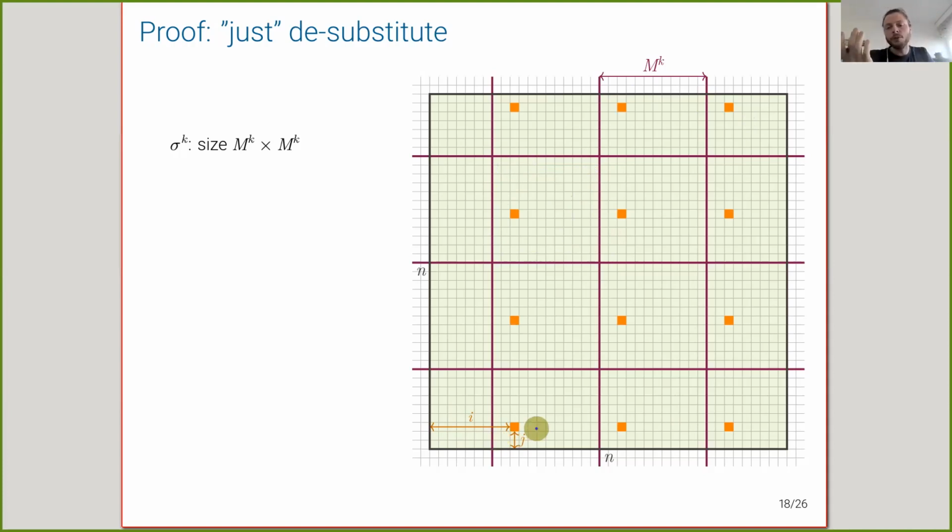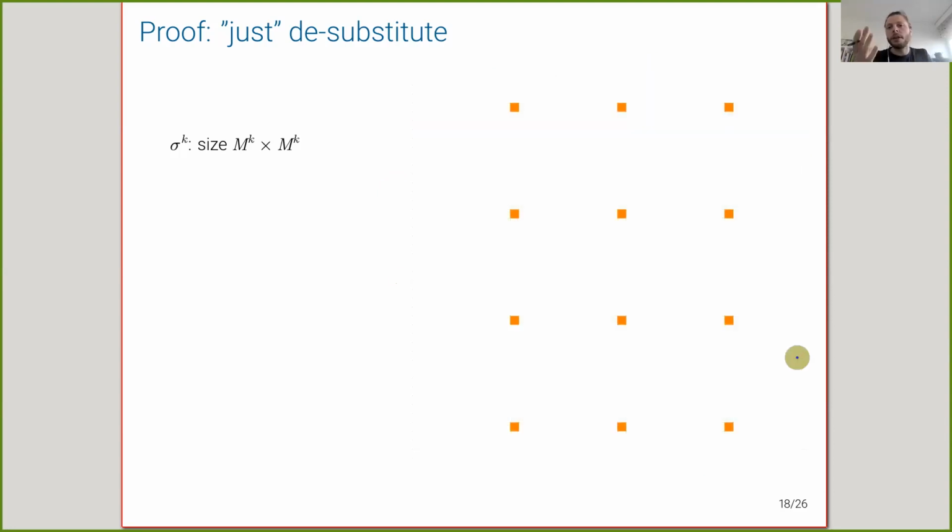What is important to remark is that I don't really need to know all the content of this big pattern to desubstitute it. I just need to look at the marked position, since just the marked position will define the desubstituted configuration, the configuration from which I obtained my initial pattern.